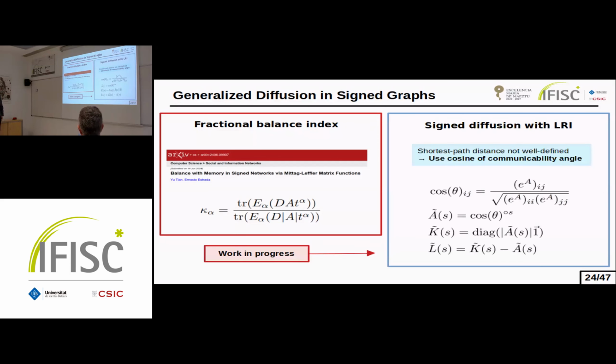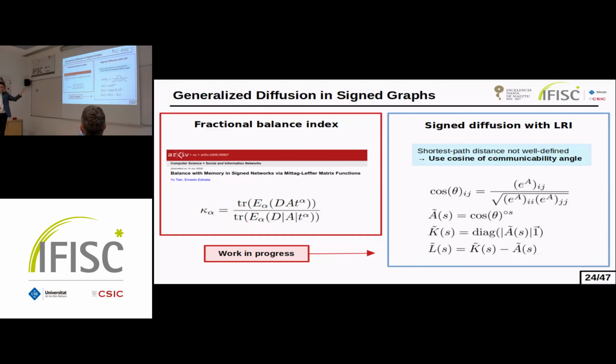I also wanted to mention a work in progress that combines the results on communicability and on generalized diffusion. Basically, we use the communicability angle that I defined before, and in particular its cosine, to induce long-range interactions in a signed network. We are identifying the long-range interactions with the effective alliances and enmities in the network.